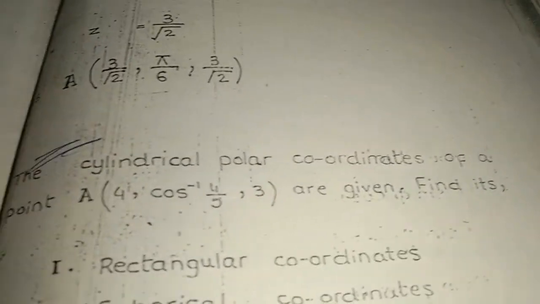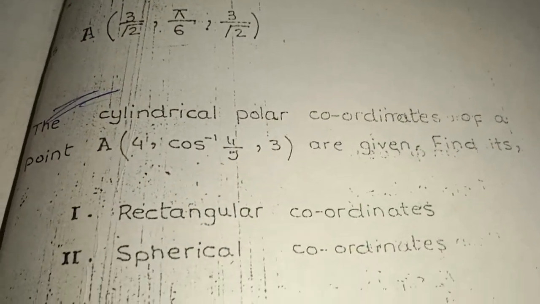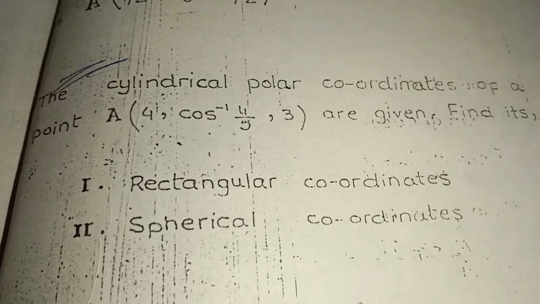Next question is cylindrical polar coordinates are given. We have to find rectangular coordinates and spherical coordinates. So cylindrical coordinates are given, that is r is equal to 4, theta is cos inverse of 4 by 5 and z is 3. You have to find rectangular coordinates.